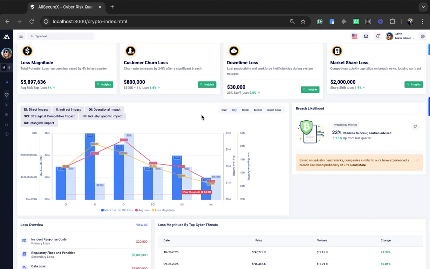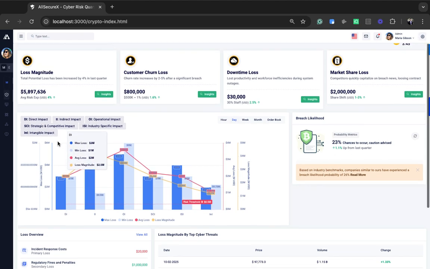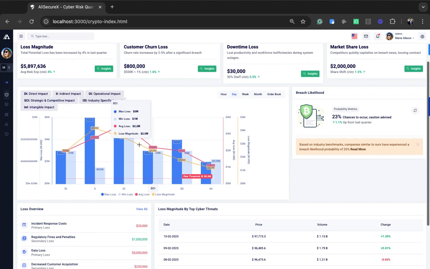So we have segregated the attacks into different verticals here in terms of the financial impact, like the direct impact, the indirect impact, the operational impact, strategic and competitive, industry specific, and the intangible impact. And each and every financial impact has been calculated based on predictive modeling.